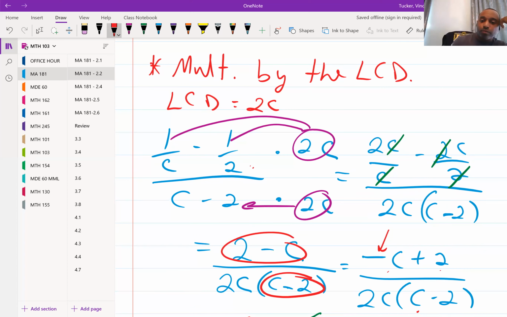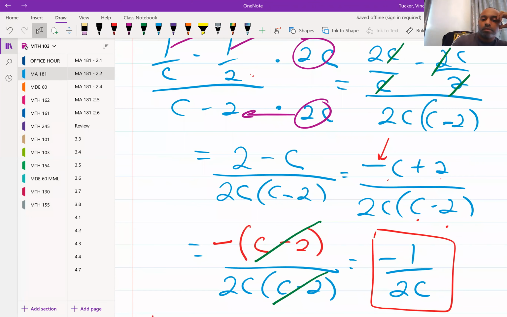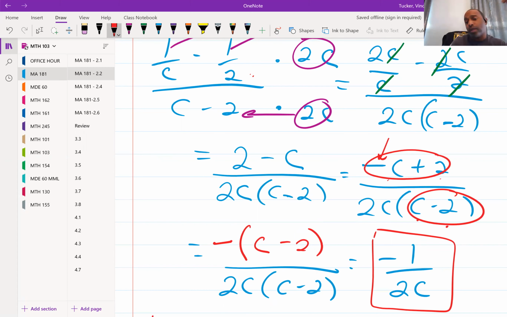If I were to rewrite the numerator with c first and 2 behind it, that's what I did right here. That's negative c plus 2. So this is the same expression. My c is negative, my 2 is positive. And so I recognize that each one of the symbols here are opposite each one of my symbols here. So in other words, I have a negative c, positive 2, and negative 2 as far as comparing numerator to denominator.